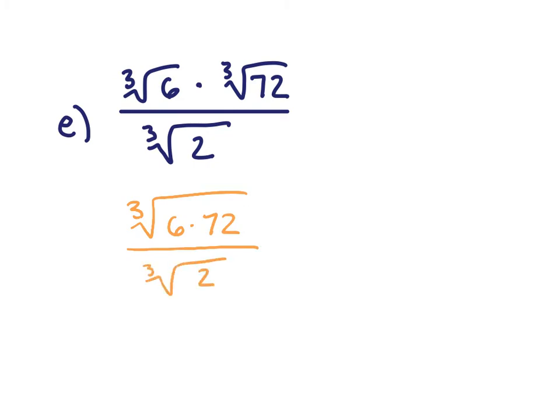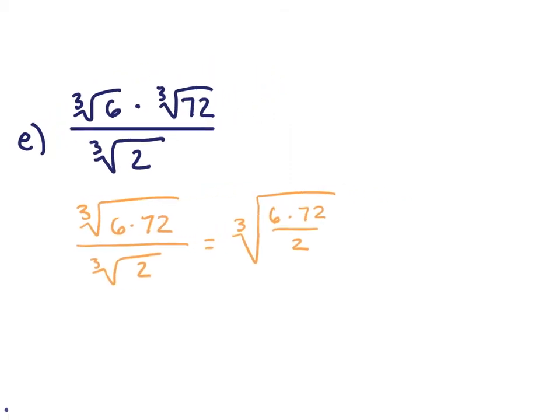Can we combine this anymore? Other than multiplying the 6 and 72. Does the denominator have the same radical? Yeah, so we can put it all under 1. So this is 6 times 72 over 2.